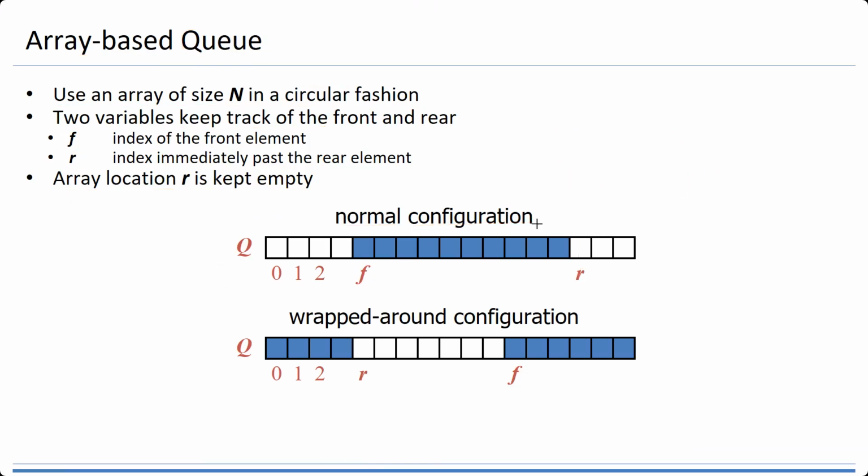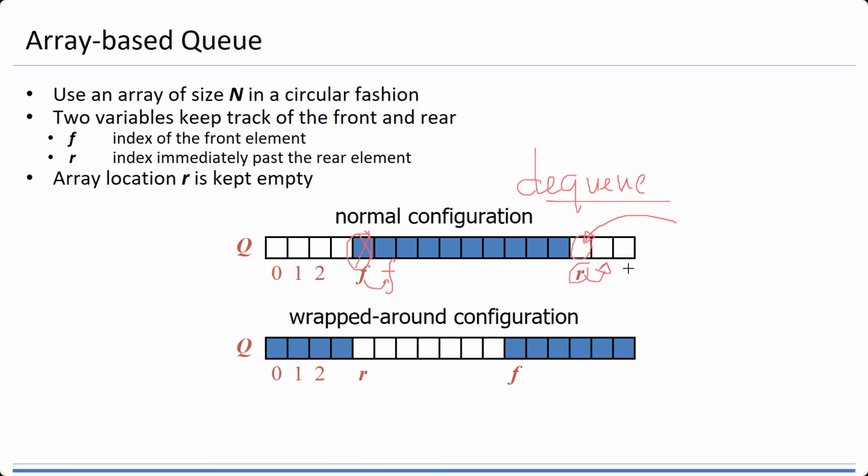Let's say I'm going to dequeue. If I dequeue, it means I will remove this one, and then F will go here. If there is a new item entering the queue, then this item will go here and R will go here.